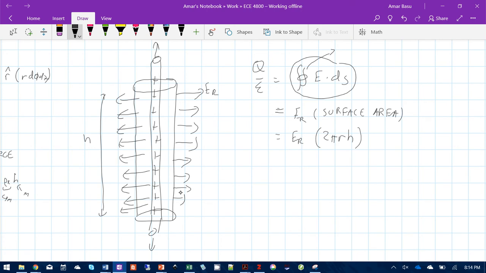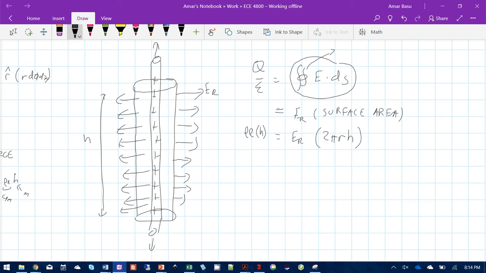Now h is the height of this cylinder, and h is basically going to infinity. The total charge inside that cylinder that we drew is equal to rho L times h, because rho L is given in coulombs per meter, and we're basically summing up all the charge along the z-axis.